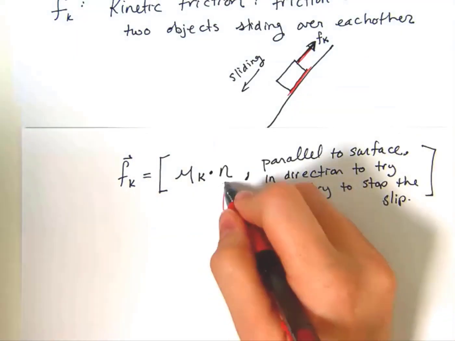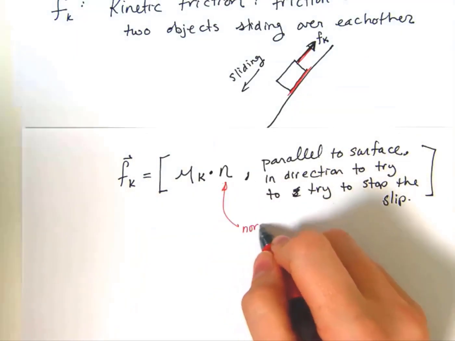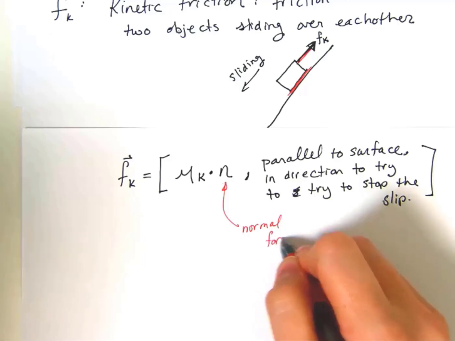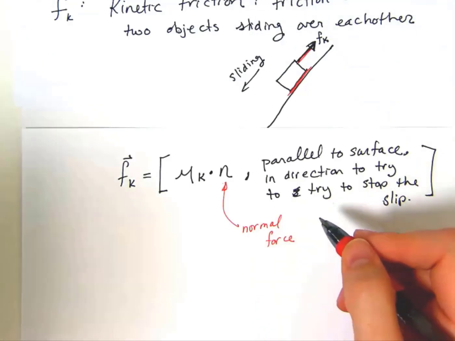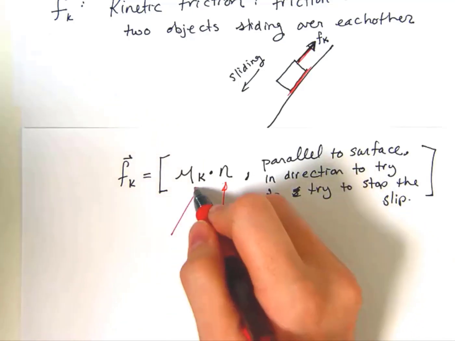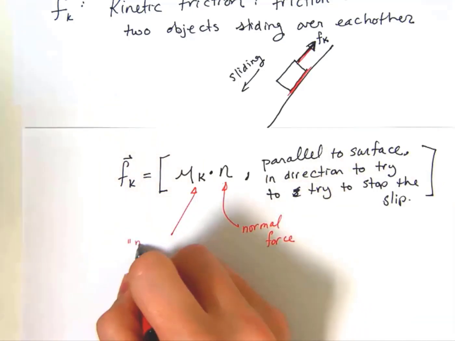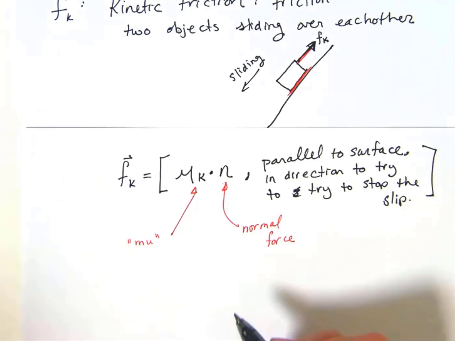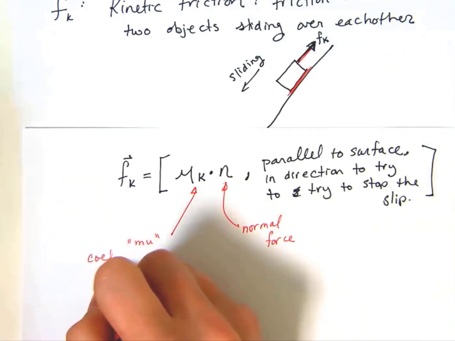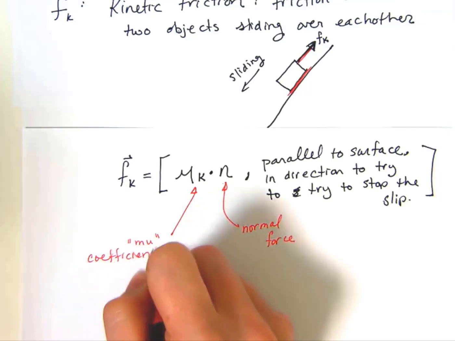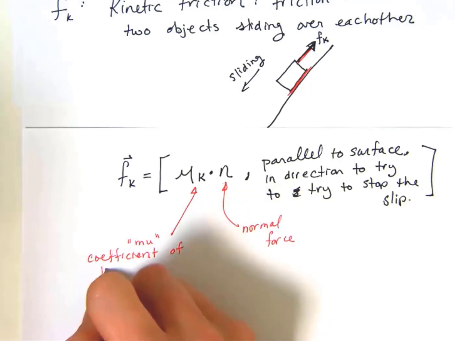So N is the normal force, and that's the supporting force between the two materials, which we had talked about earlier. And mu k, and again that's that Greek letter mu, is going to represent the coefficient of kinetic friction.